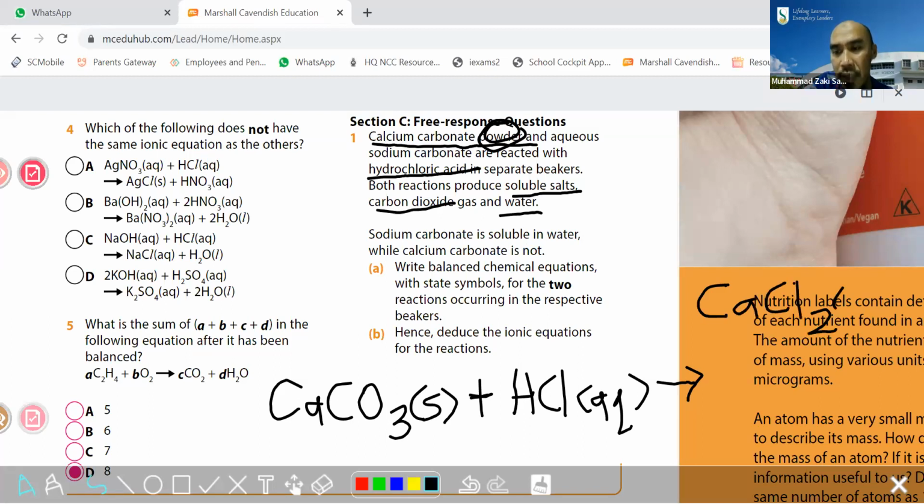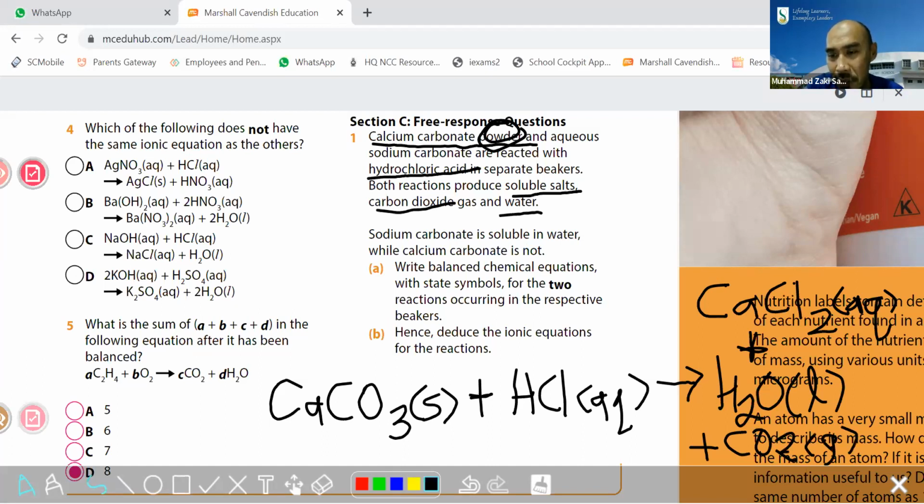This is equals. Plus water, plus carbon dioxide.